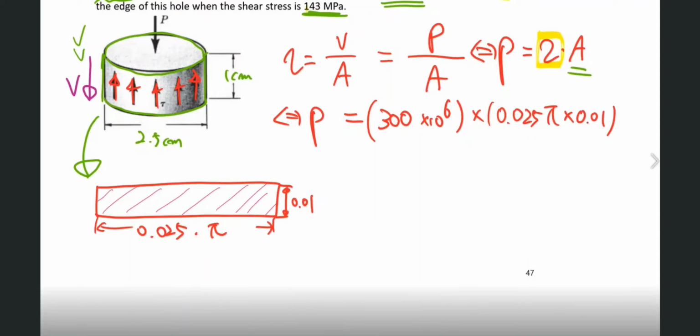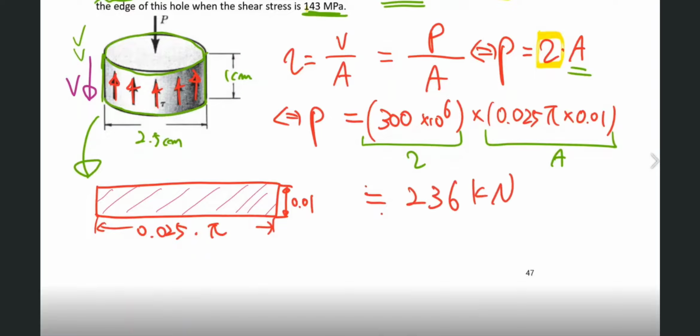Okay, so this should be the ultimate shear stress, and this should be the cross-section area. So using these two values, we can define P is equal to about 236 kilonewton.